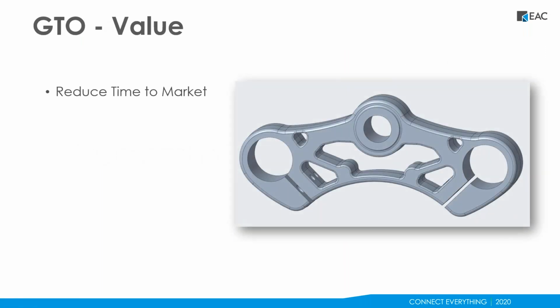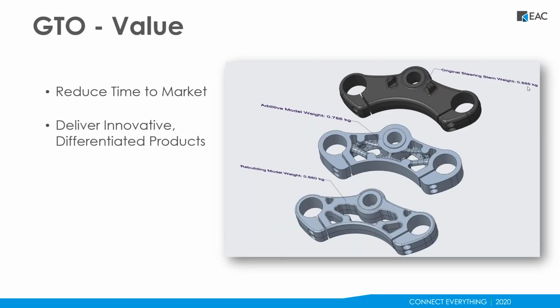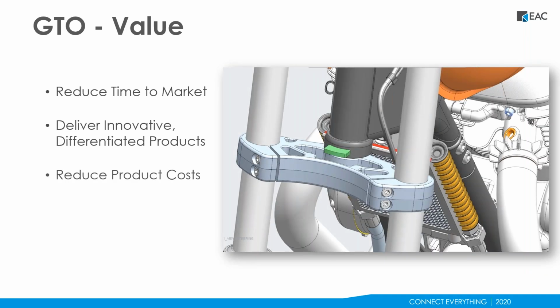So the whole idea here, right? Getting better parts, decreasing time to market, innovative, cool designs, helping differentiate between yourselves and your competitors. Easy to use, right? So I can create this geometry in the optimization, and then create the resulting final geometry as a freestyle feature that I can do other things with, either 3D printed or machine it as required.